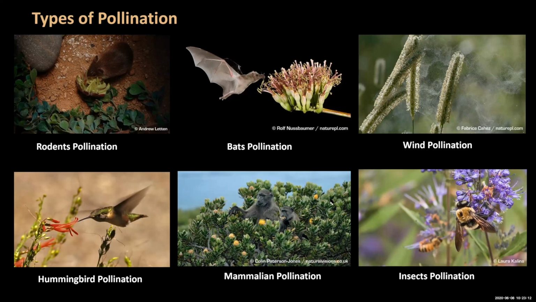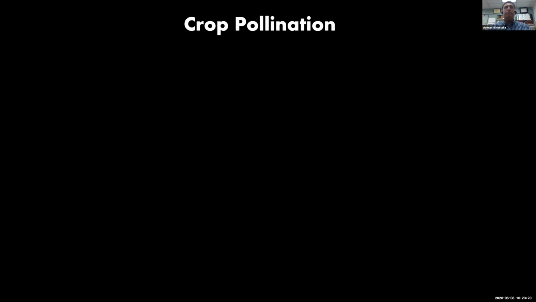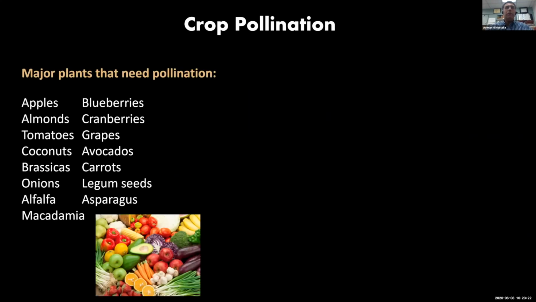Okay. So that's about pollination in general, and as you see, there is quite a big diversity here. But if you look at the plants and the major crops that we rely on, you will find that there are a lot of vegetables and fruits where we rely on pollinators to produce the fruits or the seed for us.